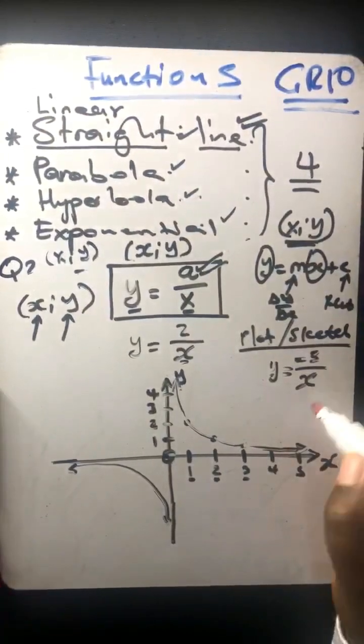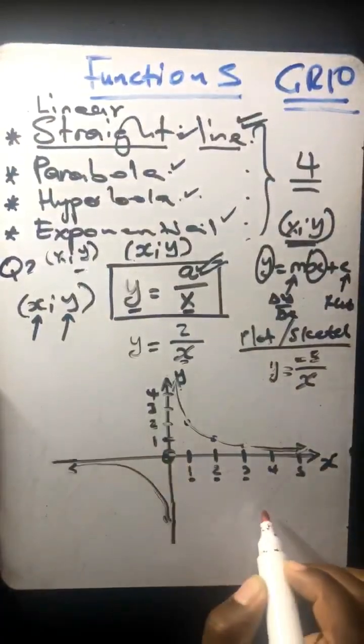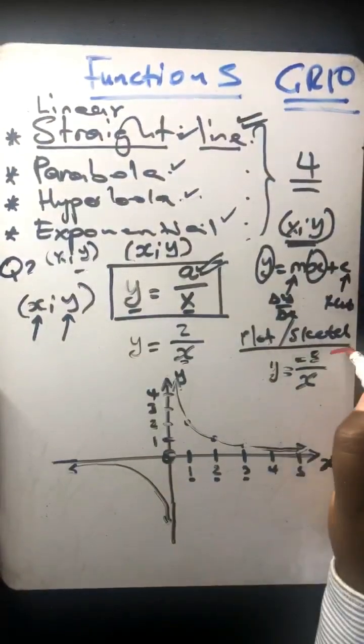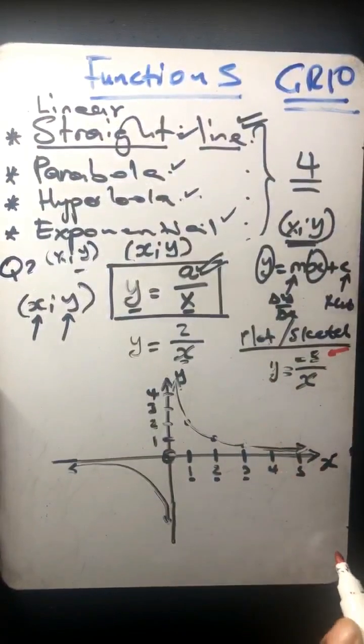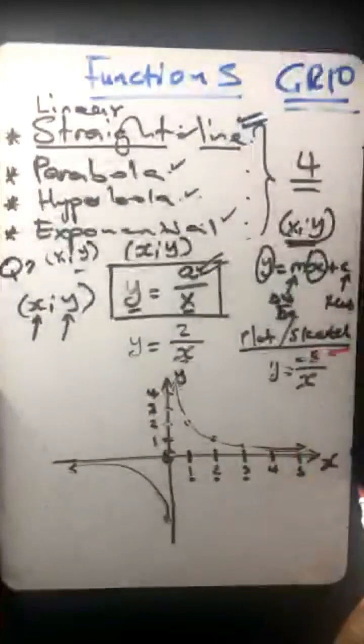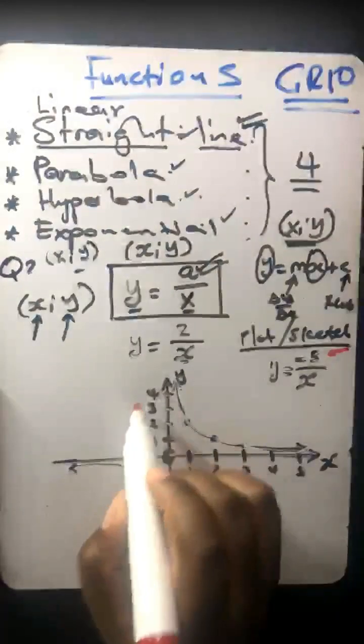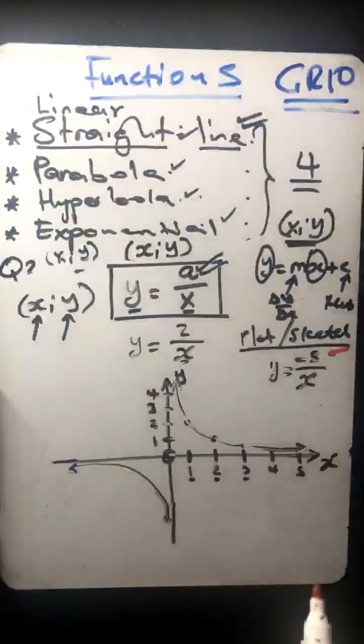Is it going to be in the first and the third, or is it going to be there and there? What tells you is the sign of that a value. So if the sign of that a value is negative, then it means it's going to be in this quadrant and that quadrant.